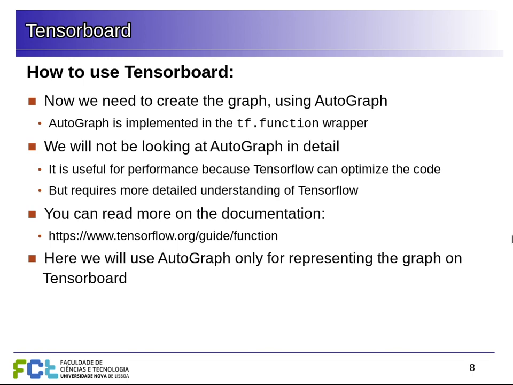So if you need to have a better performance, then you can use autograph and run. We're not going to do that because there are lots of tricky details that you need to take care of for doing that.